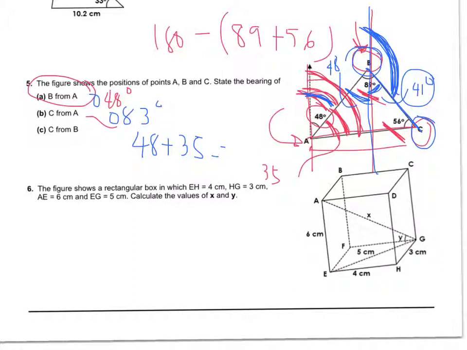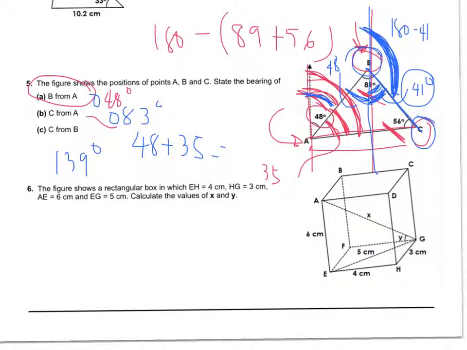So we just want this angle. If the small angle is 41 and the whole thing is 180, you subtract 41 from 180. Final answer? 139 degrees. Okay, and then finally, number 6.